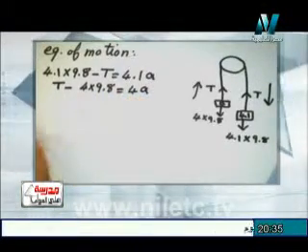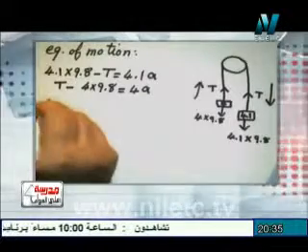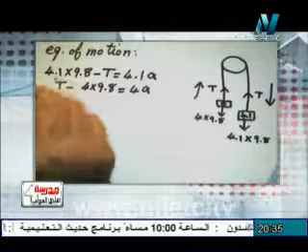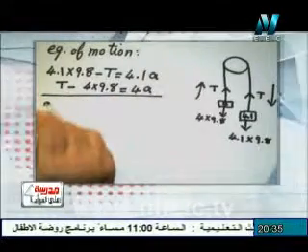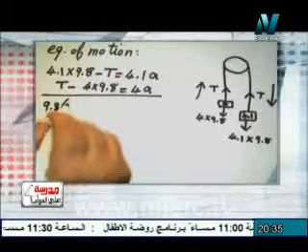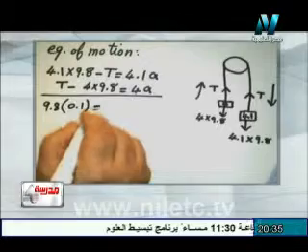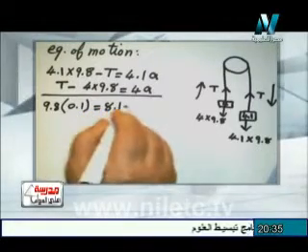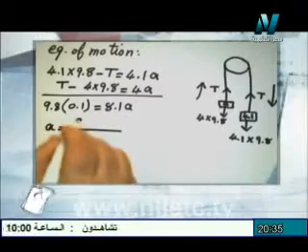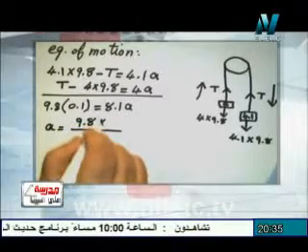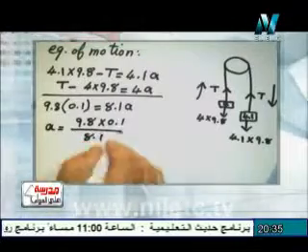Adding the two equations, therefore T cancelled and the 9.8 is a common factor. It is (4.1 minus 4), 0.1, equals 8.1A. Therefore A equals 9.8 multiply 0.1 over 8.1.